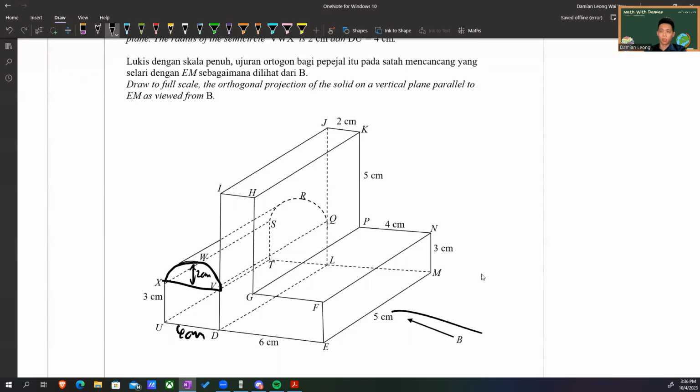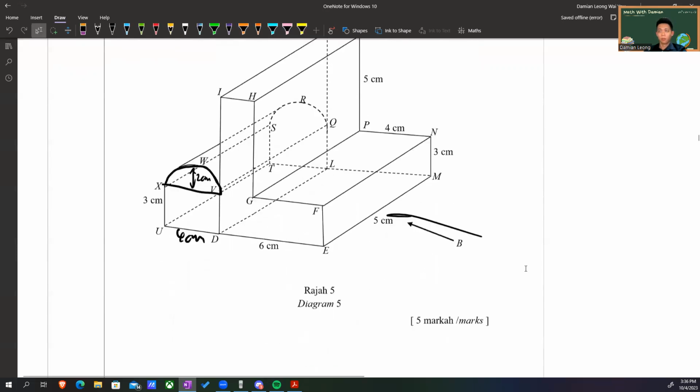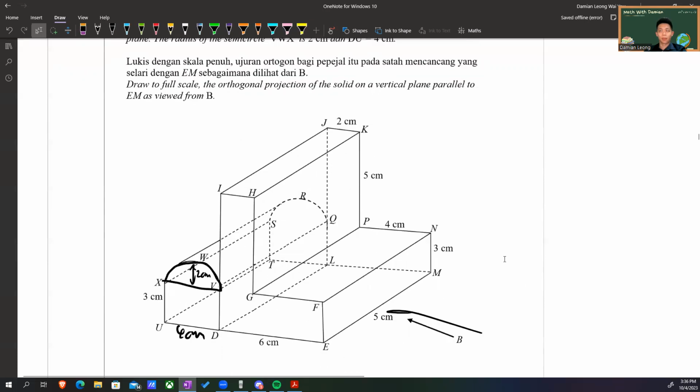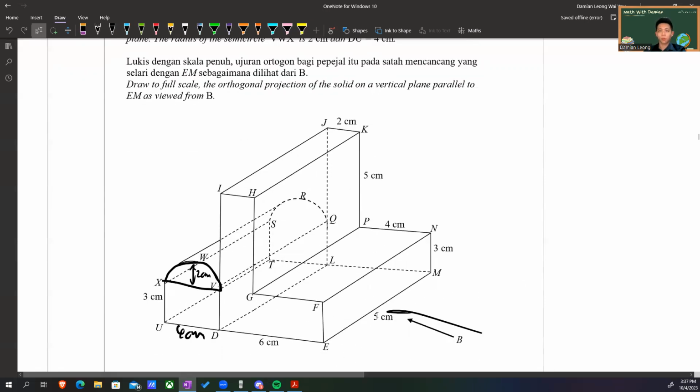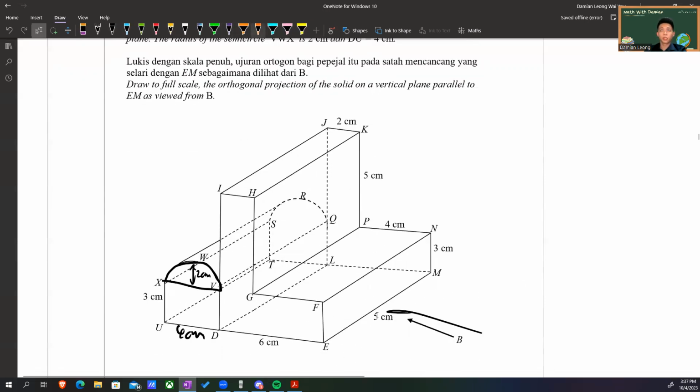So from this way, basically the shape here. What we will get, we follow the measurements, parallel to the plane that we are projecting on. So this measurement, and then this line also will be there.